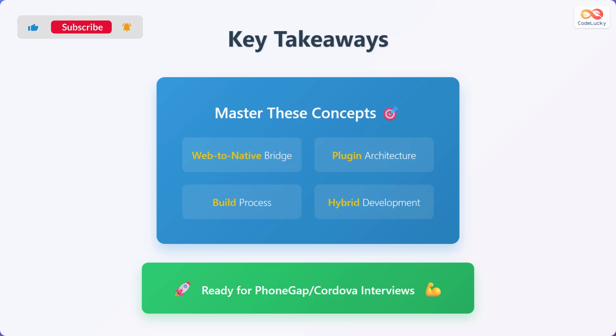Fourth, appreciate hybrid development principles, including the benefits of cross-platform code sharing and the trade-offs involved in performance and user experience. These concepts form the foundation of modern hybrid mobile development and are essential knowledge for any developer working with PhoneGap or Apache Cordova. With this understanding, you're well prepared to tackle technical interviews and build successful hybrid mobile applications.